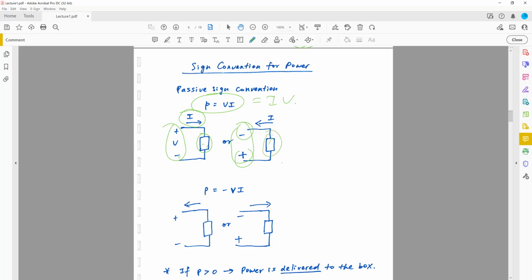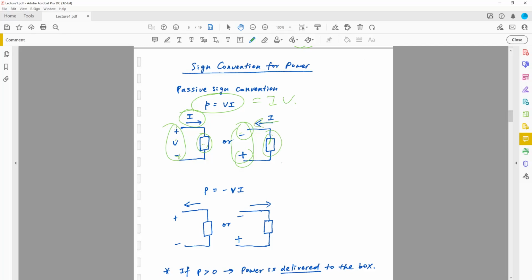If this is a resistor here, then it has to be the same resistor over there, so that I can make a fair comparison. If I have plus minus V here, I have current flowing into this resistor. If I have minus and plus here, I have current flowing out of this resistor.